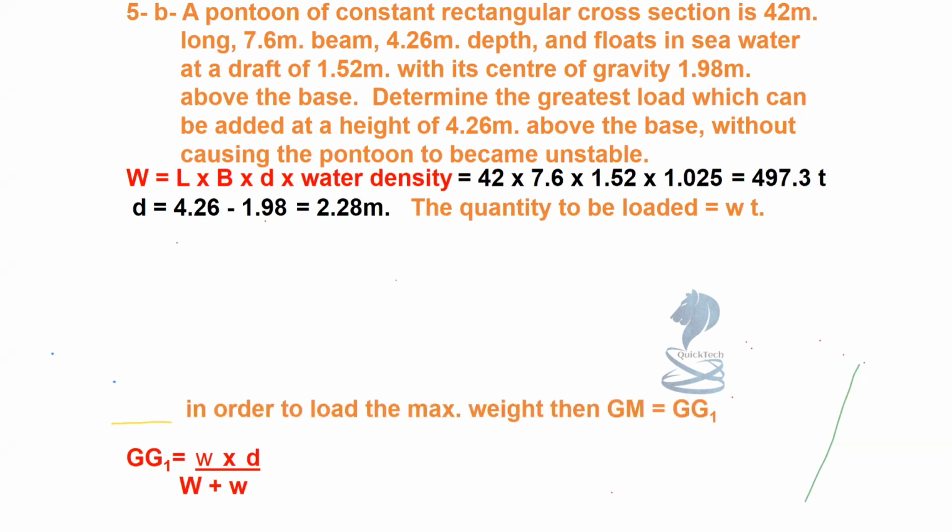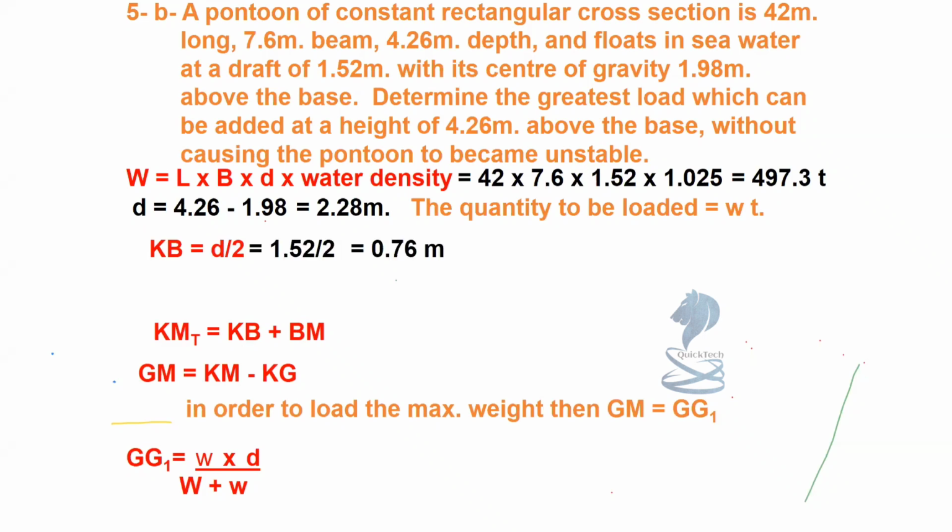Thereby the quantity to load is equal to weight. In order to load the maximum weight, GM is equal to GG1. As we know, GG1 is equal to small w into d divided by big W plus w. Also, KB is equal to draft by 2, is equal to 1.52 divided by 2, 0.76 meters.